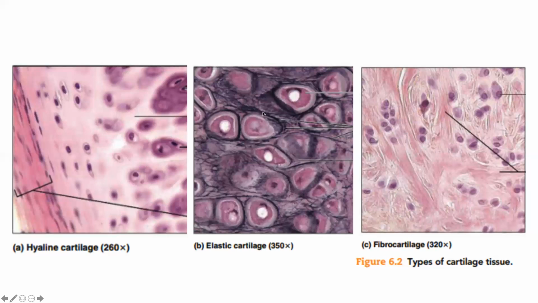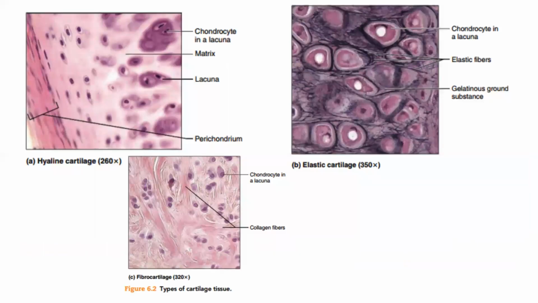This is the typical color stained by the special stain for elastic cartilage. So now we all know a few particular views on histology slides of three different forms of cartilage.